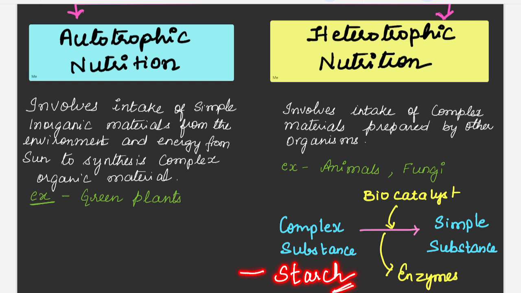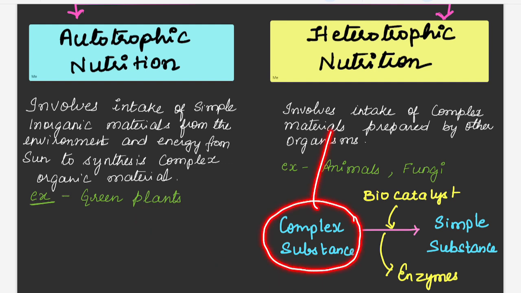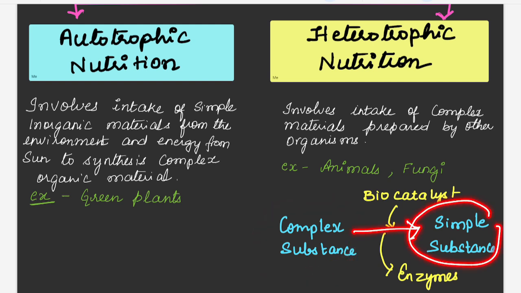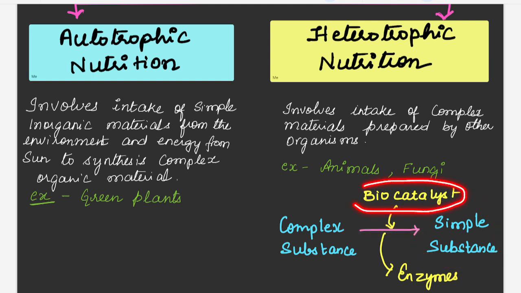Who is preparing the starch? Starch is prepared by autotrophs. This complex substance will be taken up by the heterotrophs. Then complex substance will be converted into simple substances. For this conversion, biocatalysts will be present in the heterotrophs.